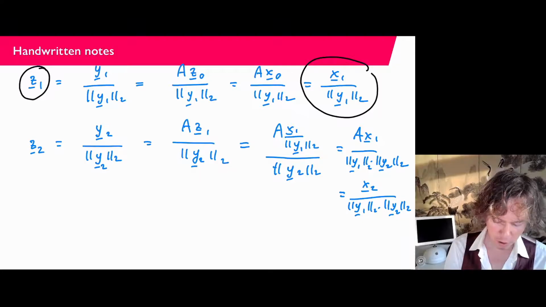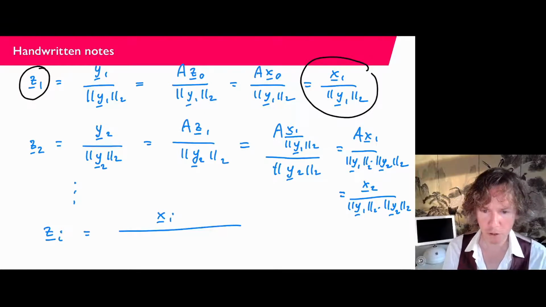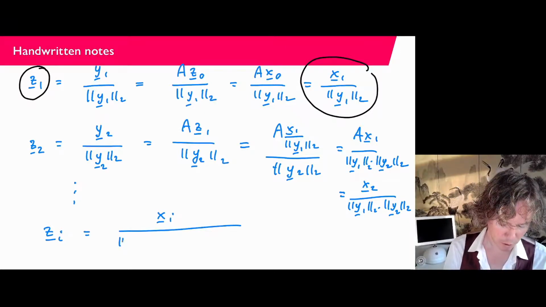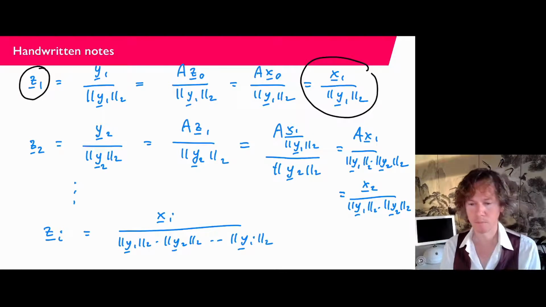So if you continue this, you will hopefully believe me when I write here that zi is xi, and then with all these scaling factors. So we have length of y1, 2 norm, length of y2, 2 norm, up to length of yi, 2 norm.